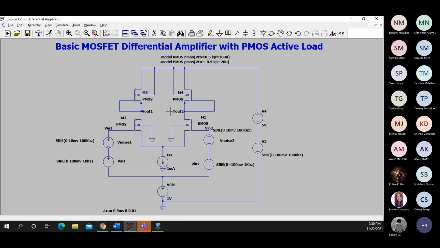Now you can see the body of the PMOS is not connected to ground, but it is connected to VDD, and the body of all the NMOS is connected to ground. The PMOS whose drain and gate are shorted actually behaves like a resistance only.